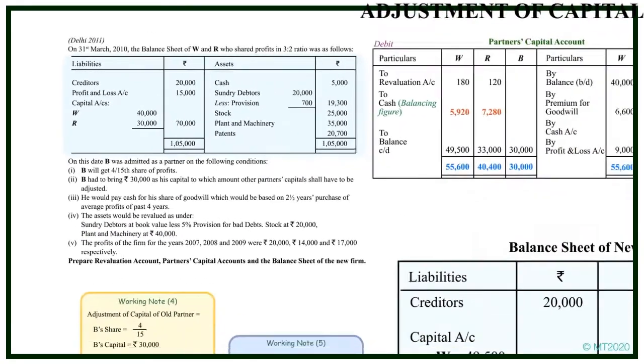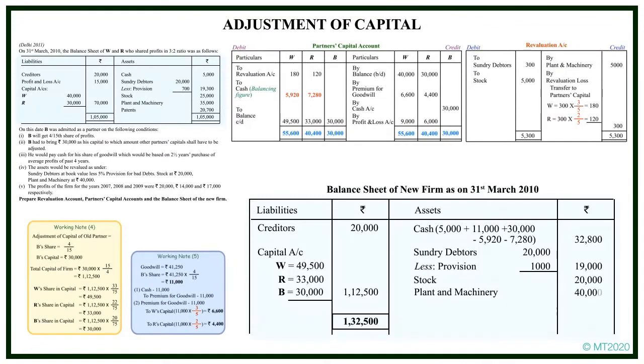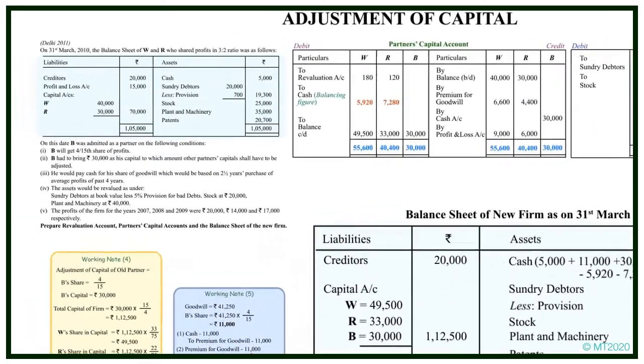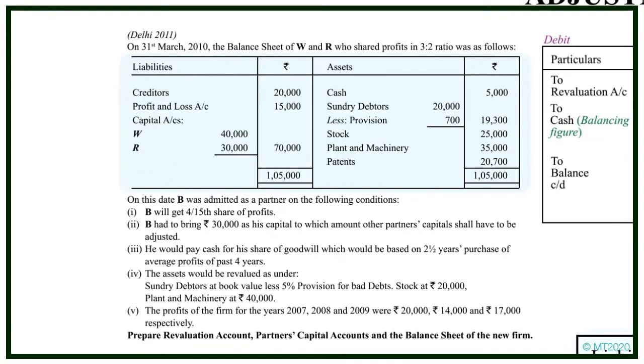Thus, we'll show plant and machinery at 40,000 instead of showing it at book value 35,000, which is appearing in our question. The last item of the asset side is patent, 20,700. Patent will appear at the same value, 20,700, in the new balance sheet also, because no further information regarding the change in the value of patent has been mentioned in the question.